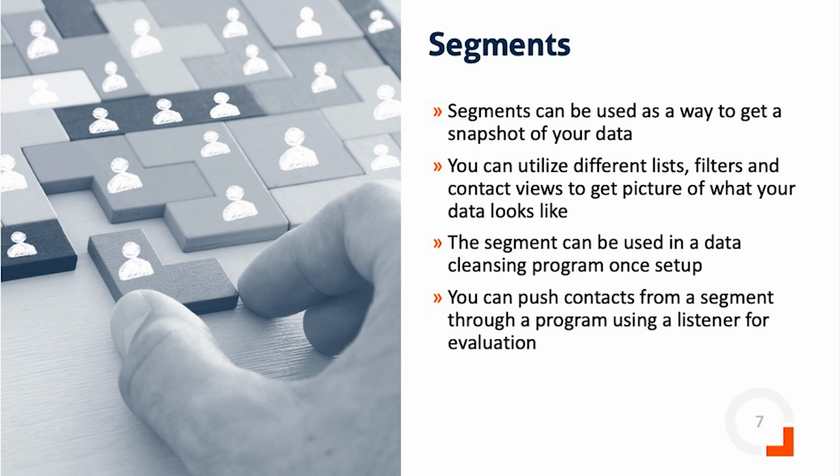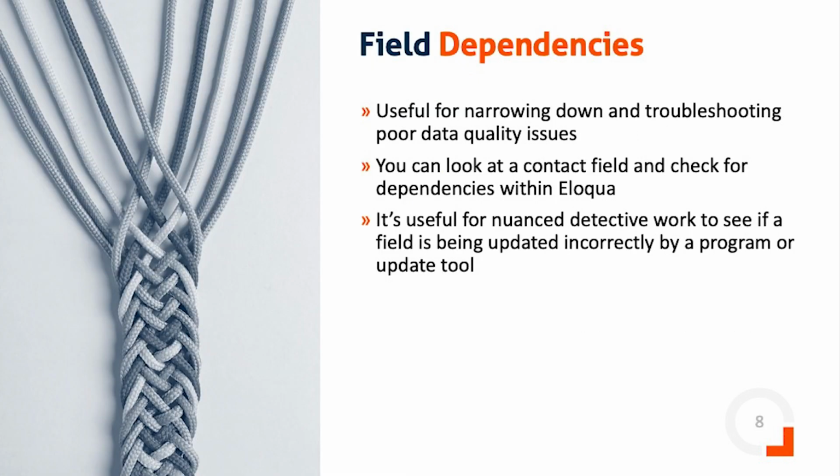Now moving beyond that, we've got field dependencies. This is another one that if you're looking for the culprit of a problem, say, looking at the field dependencies can help you narrow things down as well. So if you're looking at the contact field descriptions, you can right click on a field to view its dependencies.